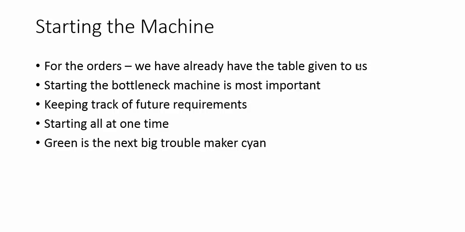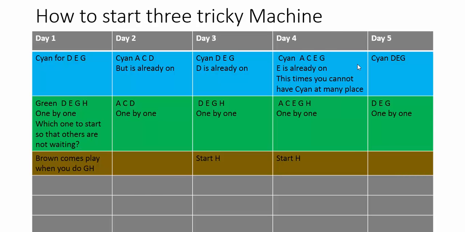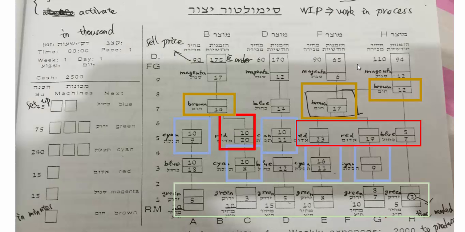The green is the next biggest troublemaker, I think, because the green machine, which is at the starting deep down, takes around 75 to start, but we have 3 green machines, so we can keep 3 on, but those are required many times.